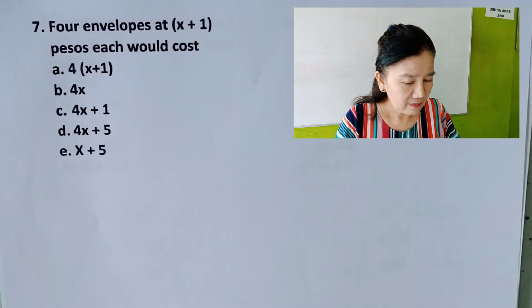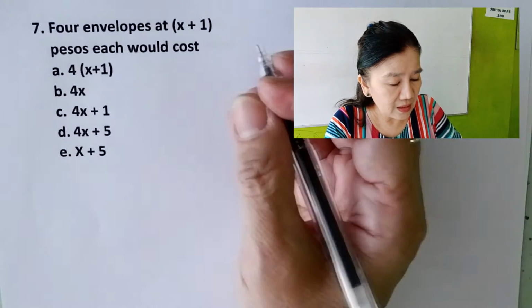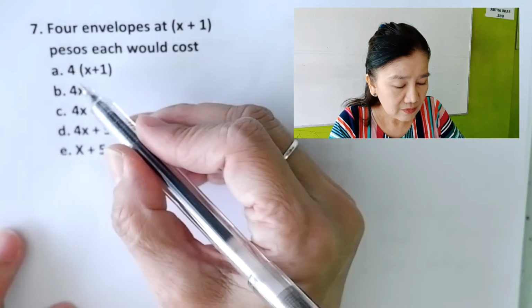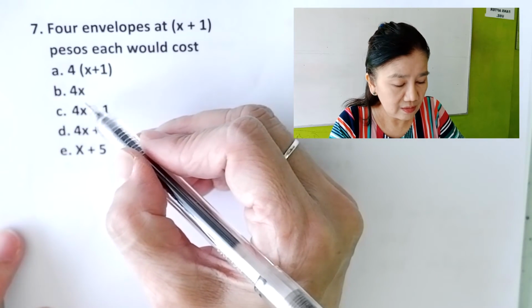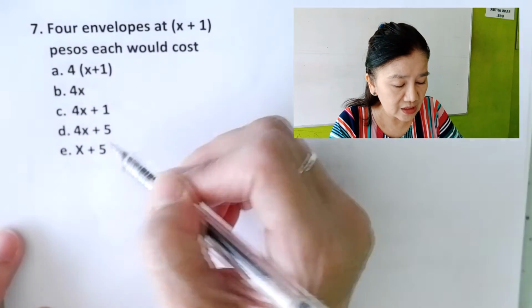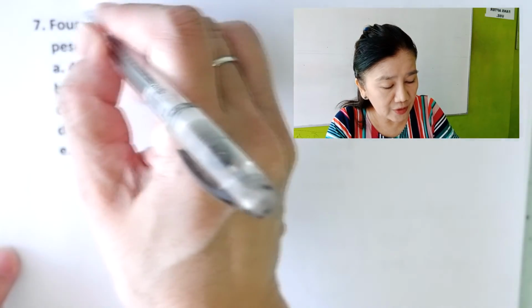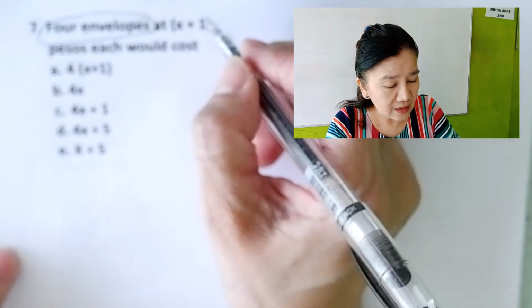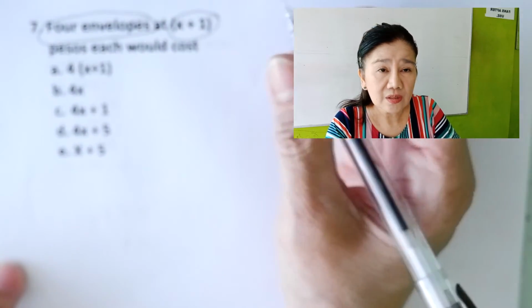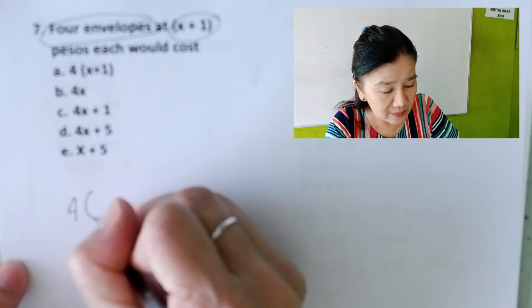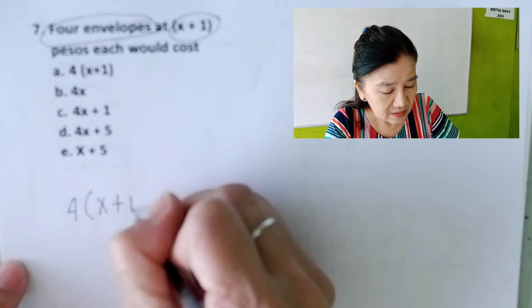Next, problem number 7. 4 envelopes at x plus 1 pesos would cost, for quantity x plus 1: 4x, 4x plus 1, 4x plus 5, x plus 5. Now, when you have 4 envelopes at x plus 1 pesos, you have to multiply 4, the number of envelopes, times the price per envelope.